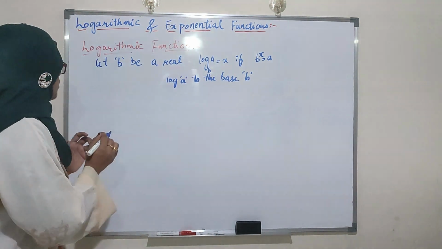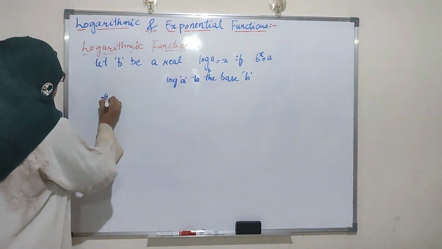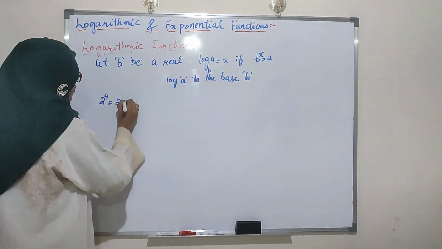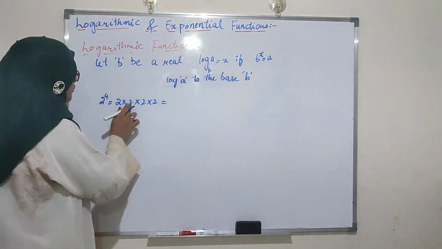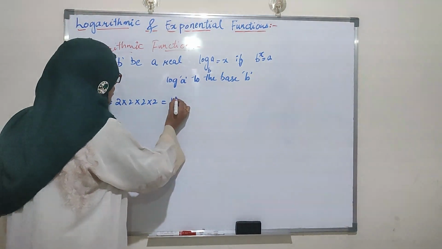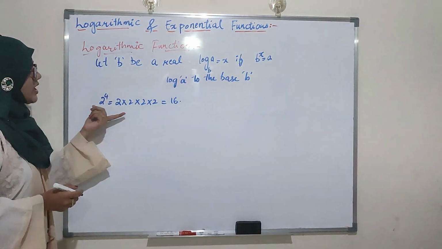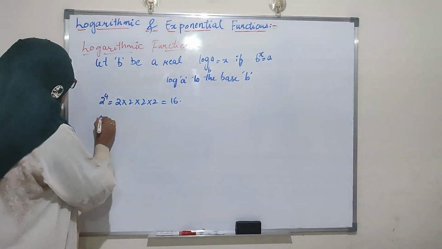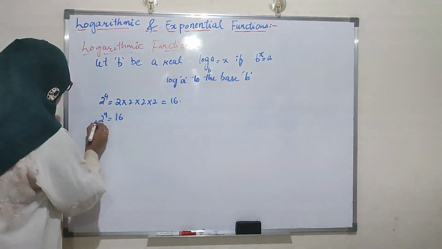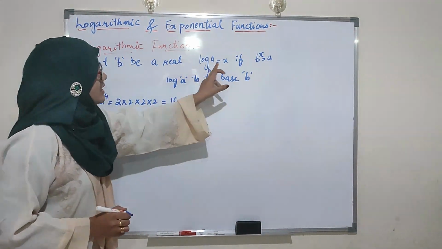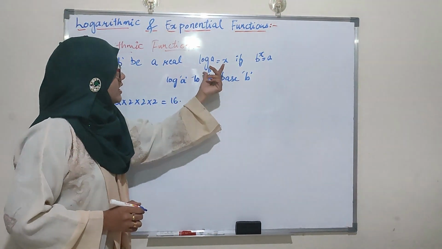Suppose we are having 2 raised to the power 4. 2 raised to 4 means 4 times we have to multiply 2. Then it is 2 into 2 is 4, 4 into 2 is 8, 8 into 2 is 16. So how can we write this in the logarithmic form? Always remember the base is as it is, in both the exponential and the logarithm.